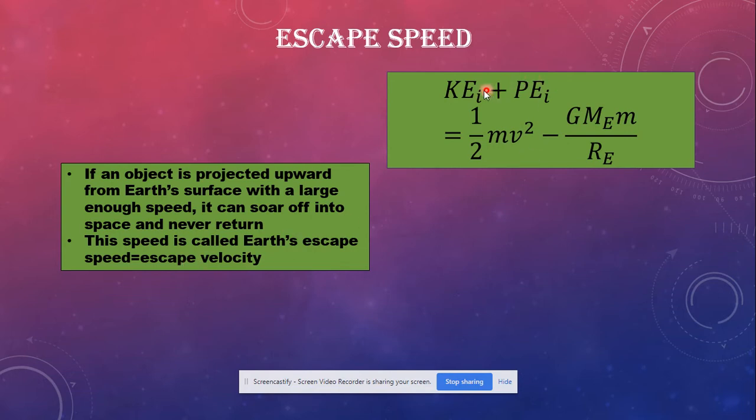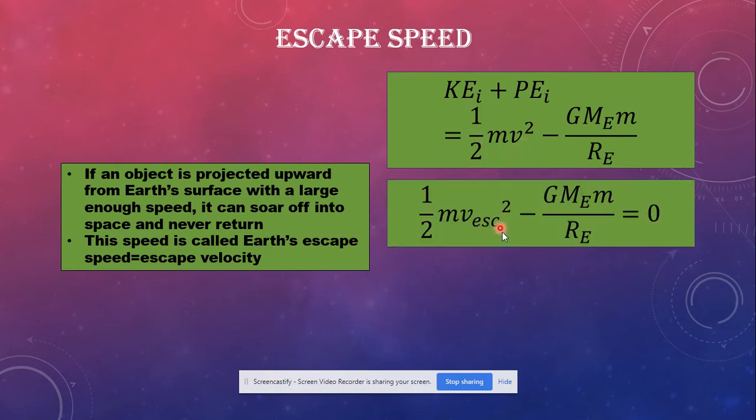It starts with kinetic energy plus potential energy, where the potential energy is the gravitational potential energy, and kinetic energy can be expressed by half mv squared. Now v in this kinetic energy is also known as escape velocity.